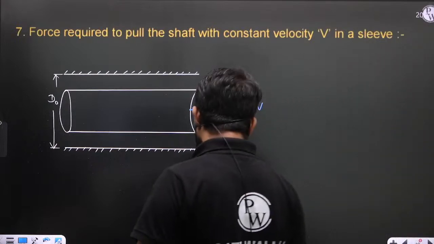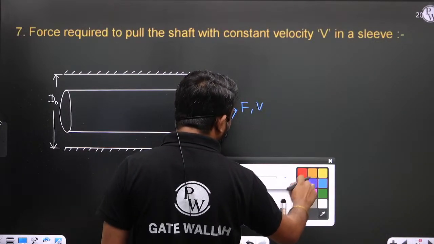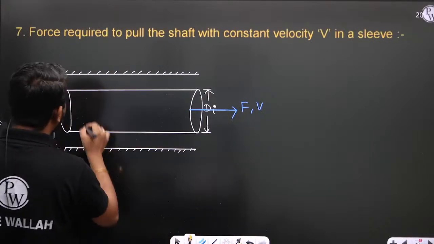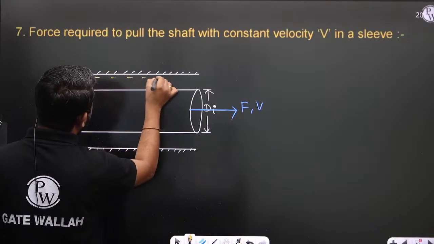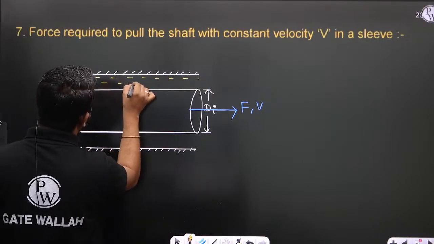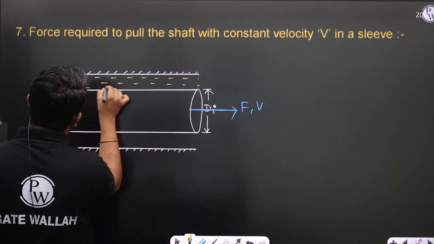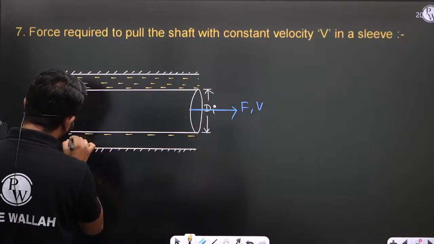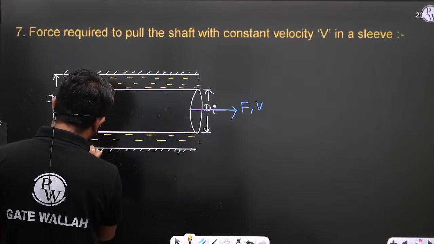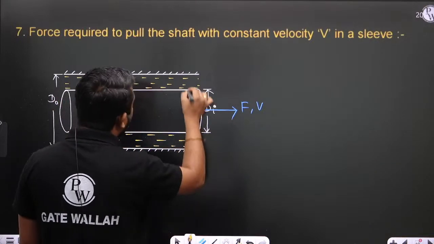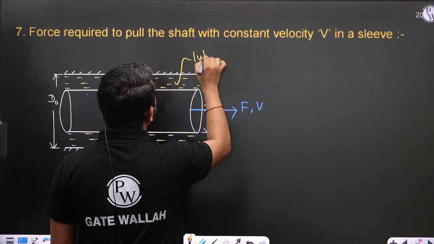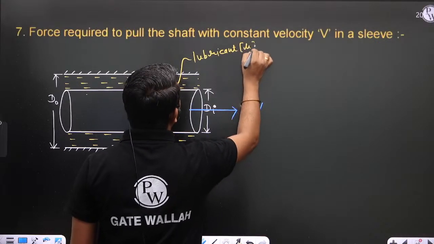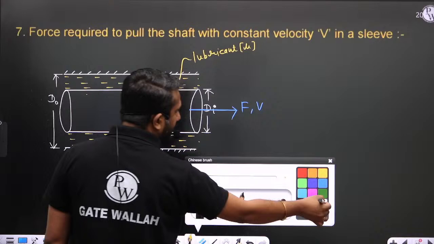To reduce the friction between the sleeve and the shaft, there is a lubricant. Let us consider this lubricant having viscosity mu.